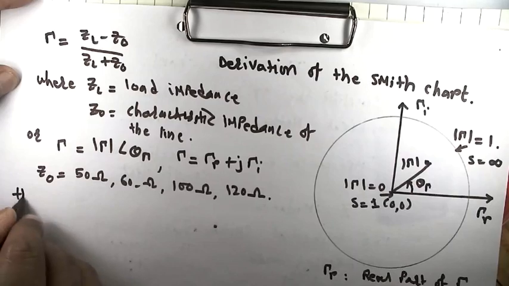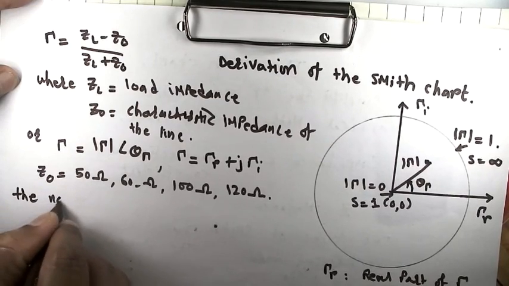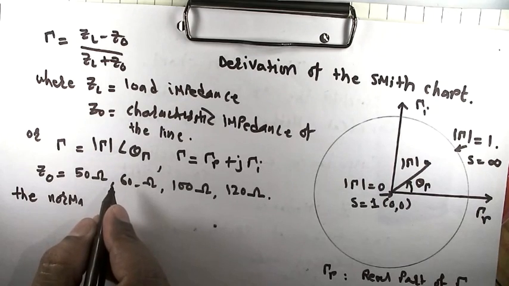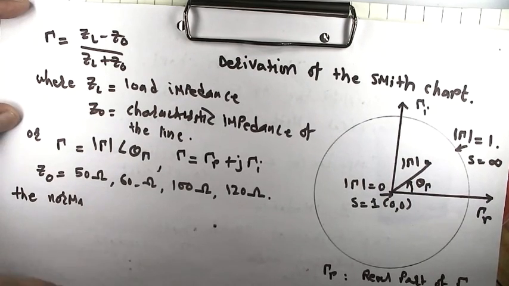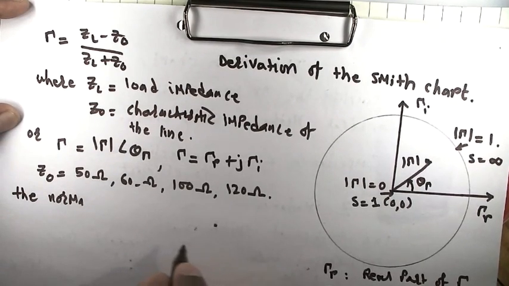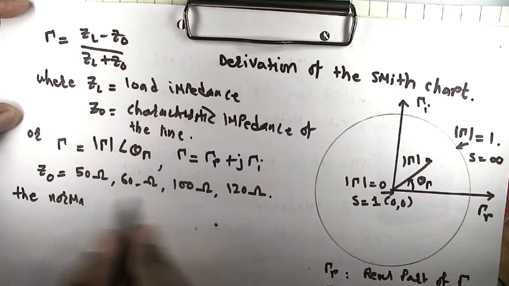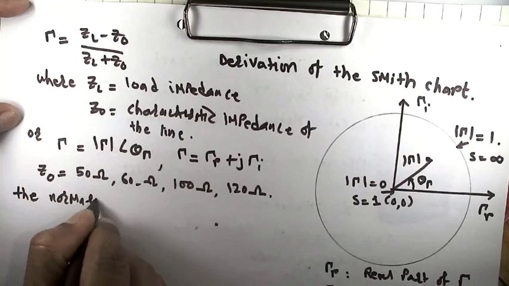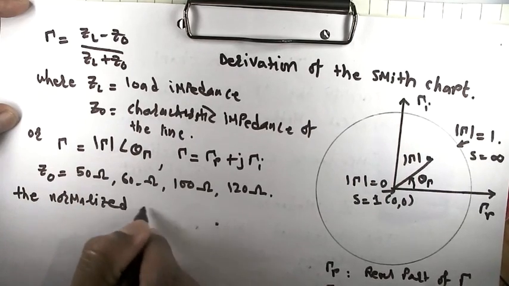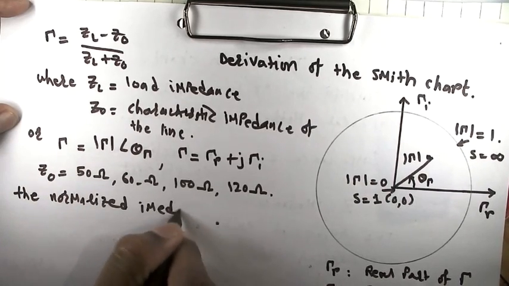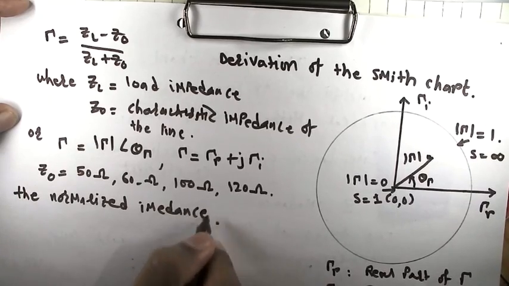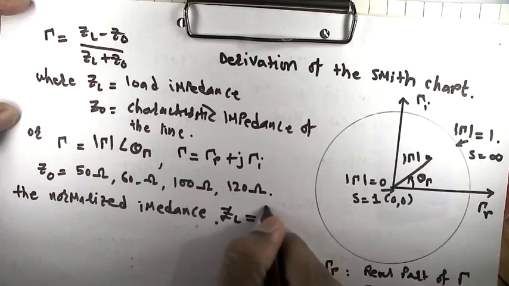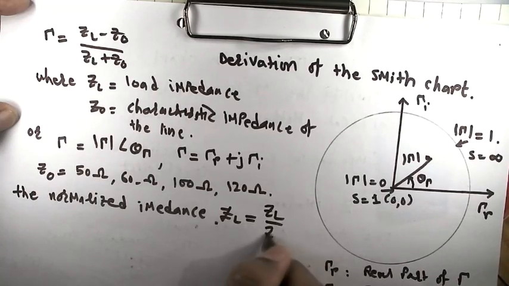Once we know the normalized impedance, based on it, if we have the result, then we will convert back into the original values. So let us have the normalized ZL, that is equal to ZL by Z0.